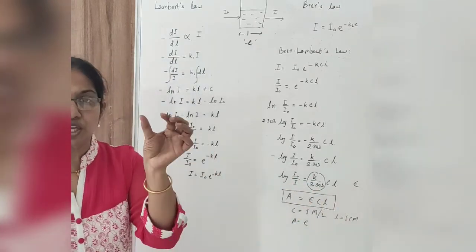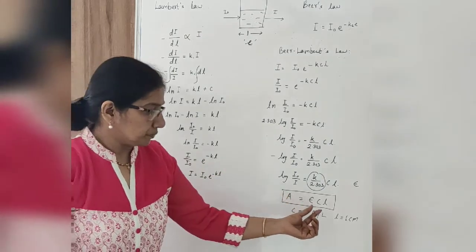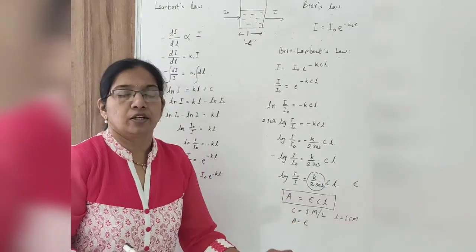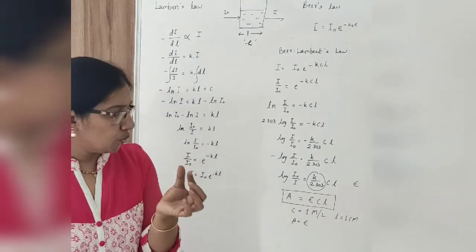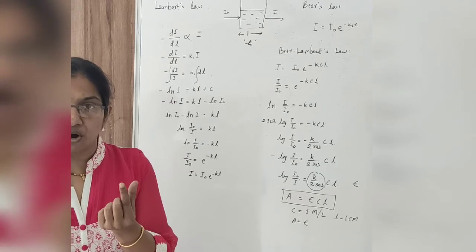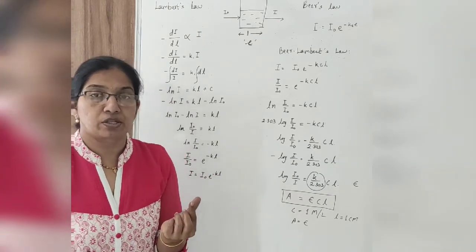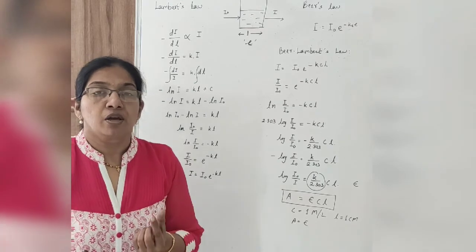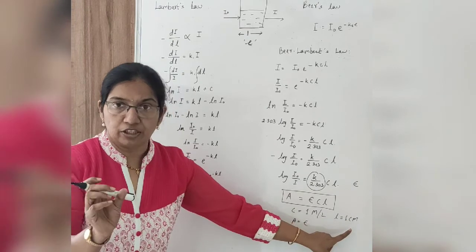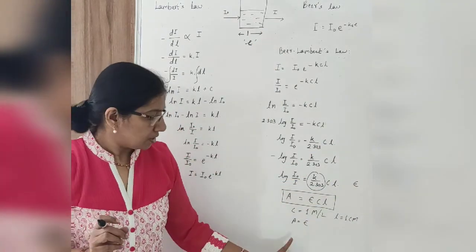For path length, we use cuvettes, that is, the absorbing solution is taken in cuvettes. These cuvettes are containers of glass or quartz. In colorimetry we can use glass. In UV spectroscopy we have to take quartz cuvettes, having a path length of 1 centimeter.